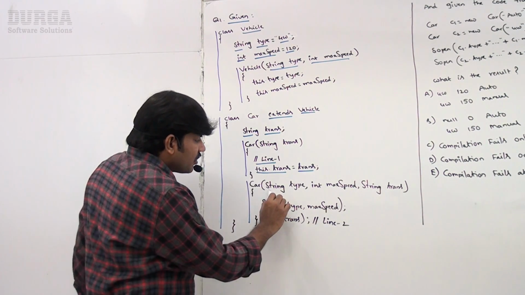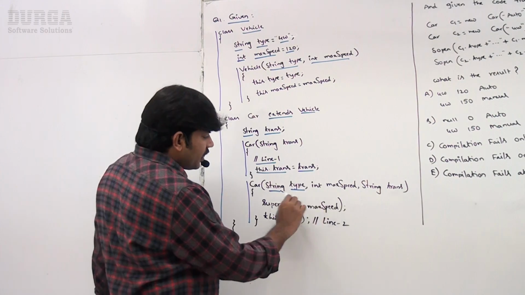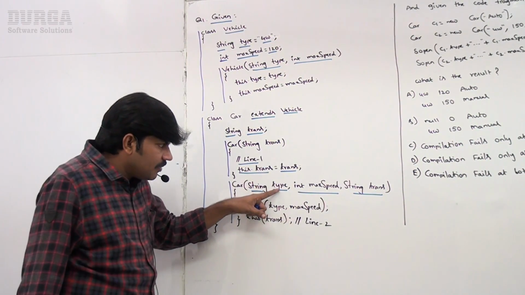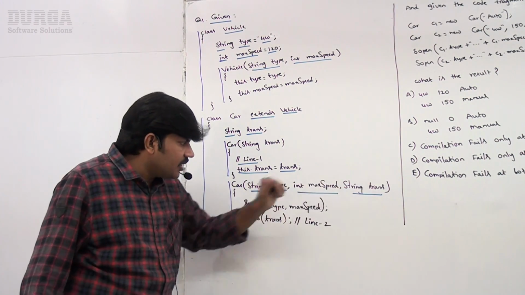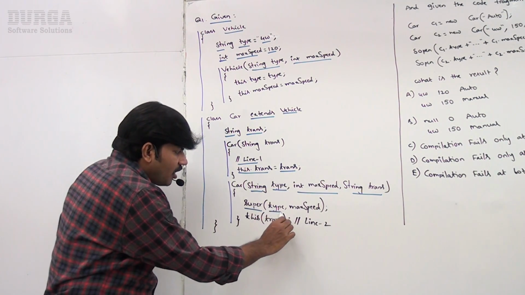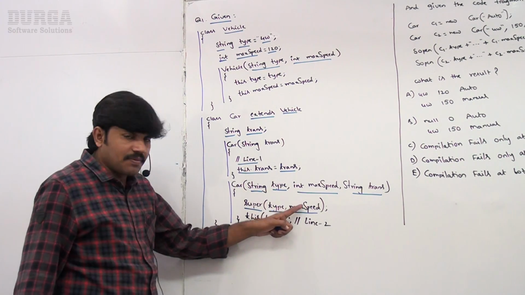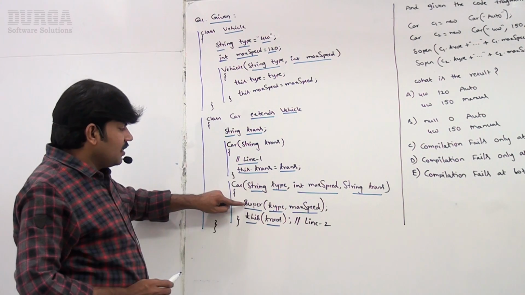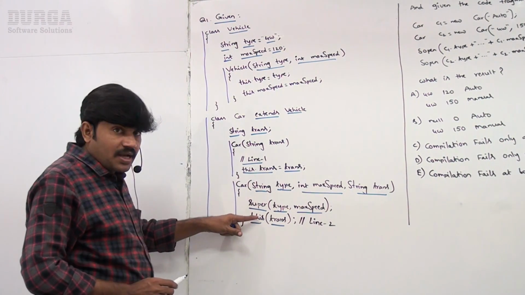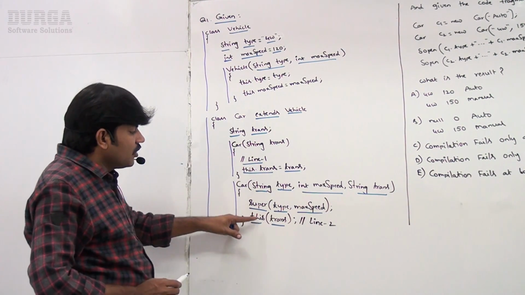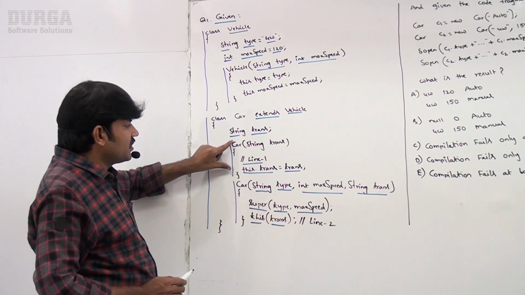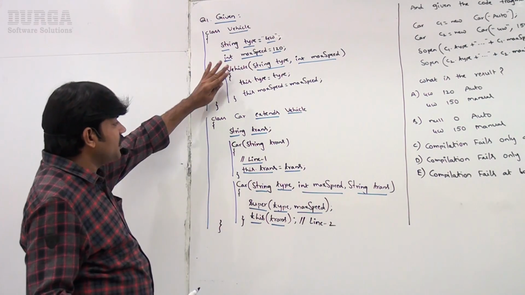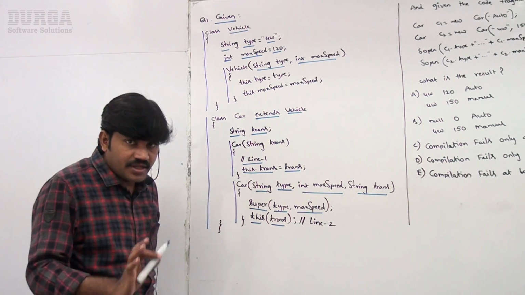Car(String type, int maxSpeed, String trans) with super(type, maxSpeed), this(trans). So I'm calling the superclass constructor, and the current class constructor with a String. Whether it is valid or not, forget about it. Just observe what these two classes give.